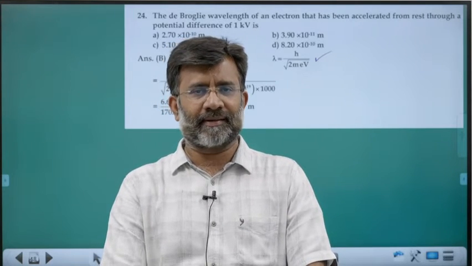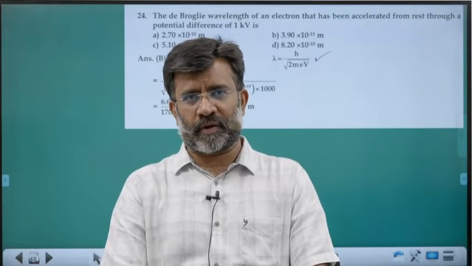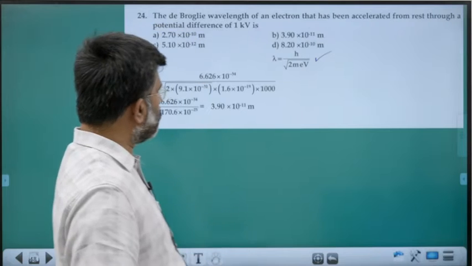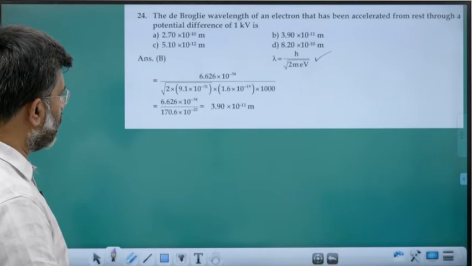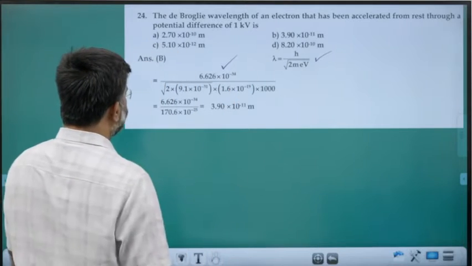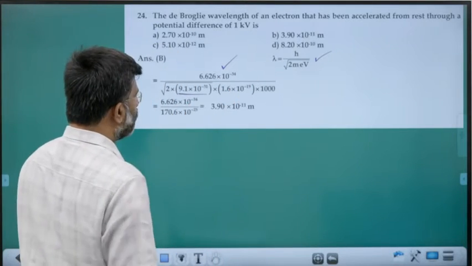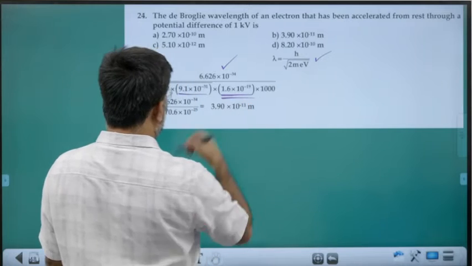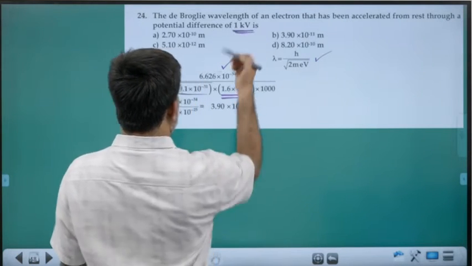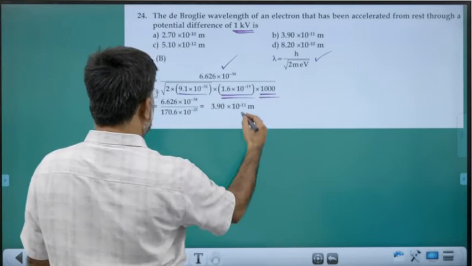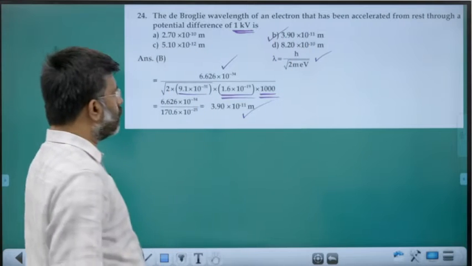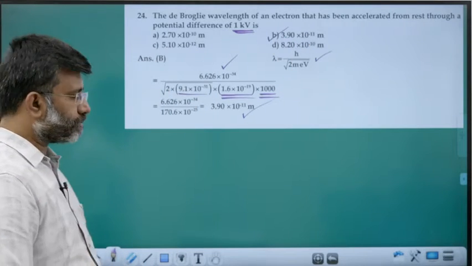You can apply that relation to get the equation lambda is equal to h by root of 2 meV. All data given. h known to you. Mass of electron you know, and the electron volt you know, 1.6 into 10 power minus 19. It is given 1 kilovolt, so into 1000 you will get the answer. Option B, 3.9 into 10 power minus 11.